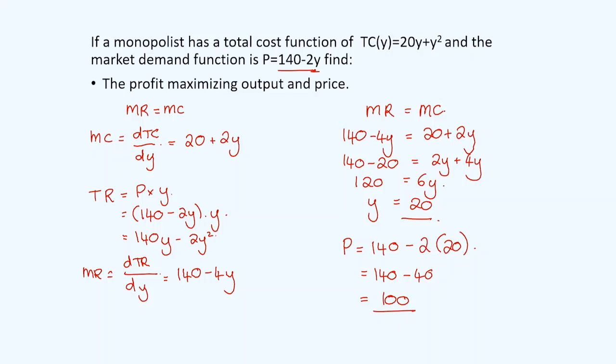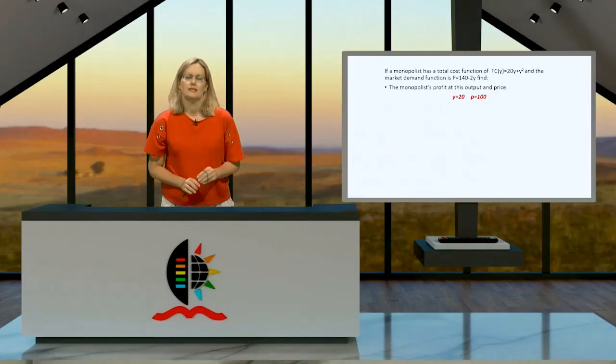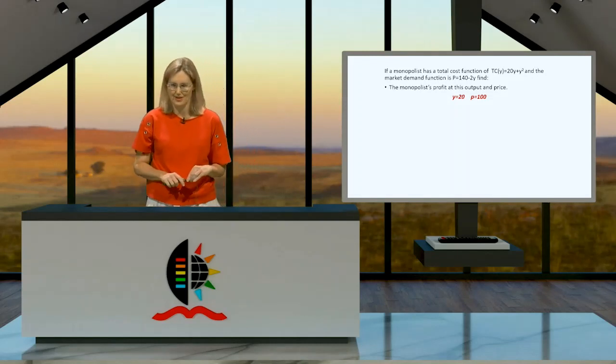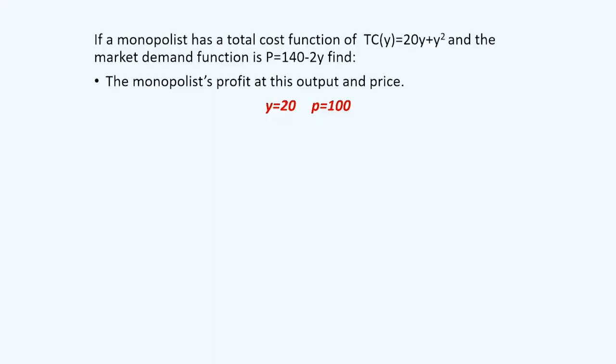All right, so our next question is asking us to calculate the monopolist's profit at this output and price. So I've just set out the output and price there on the slide. And if we recall, profit, we can calculate as total revenue minus total cost. Total revenue for the firm is going to be the price it charges times the number of units it produces. And then total cost, we have here our cost function, so we can write that out here.